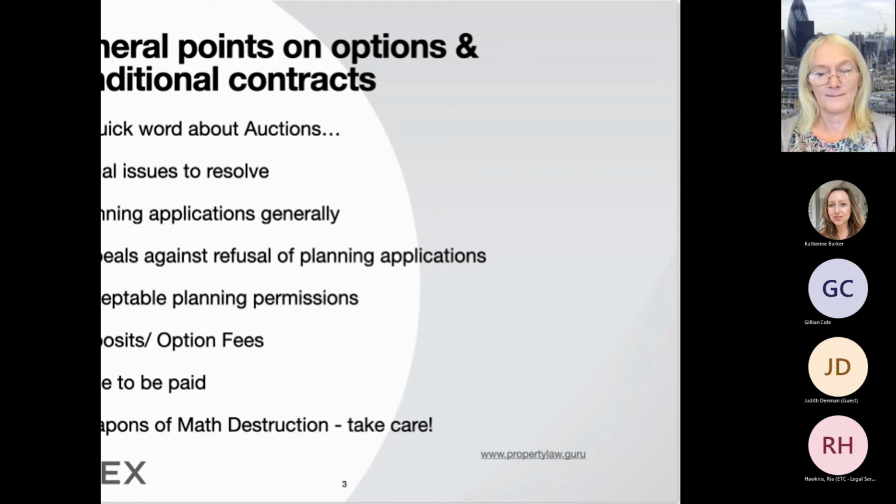And the builder will not have to buy it if the planning permission is not acceptable or satisfactory. And the normal reason for that is that the condition, one of the conditions, is what's normally called an onerous or unacceptable condition. Now, these need to be listed in detail if this is going to work in practice.